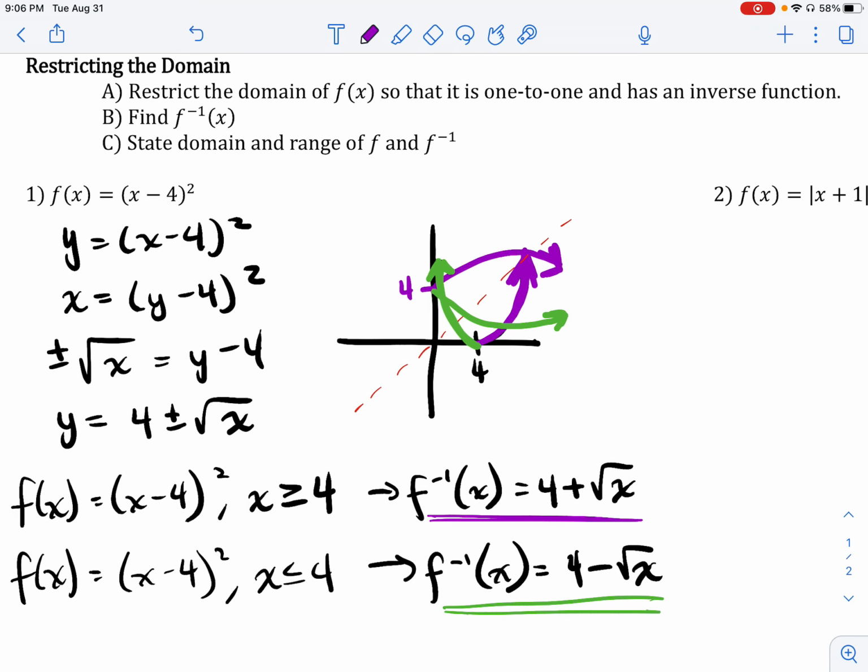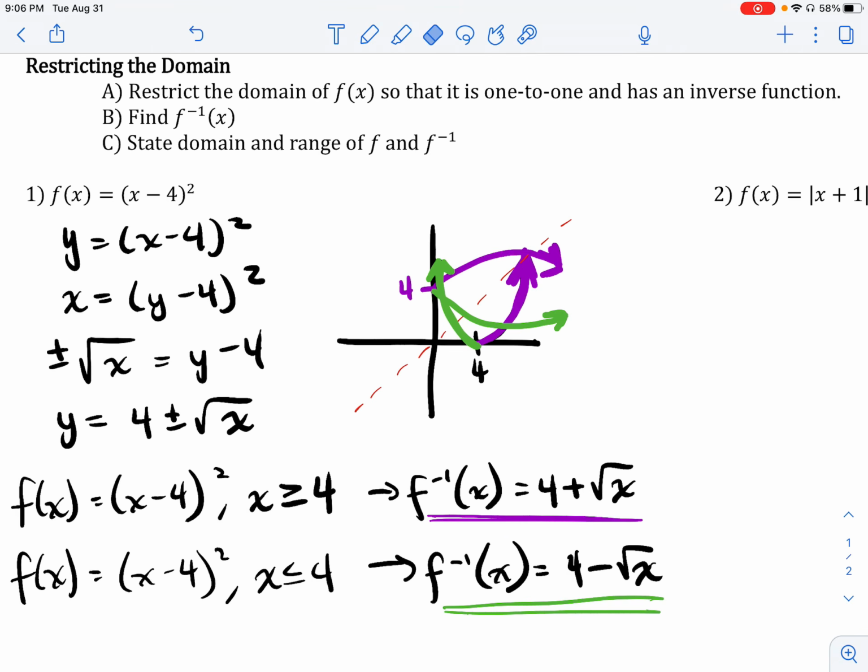So if I decided to restrict my domain such that x is greater than or equal to 4, I would just need to write this right over here, along with its original function. If I had chosen my domain restriction where x is less than or equal to 4, then I would write this here, along with its original function. But we need to write the full statement so I know which inverse is going with which restriction.